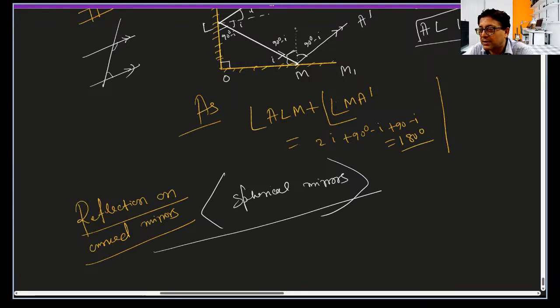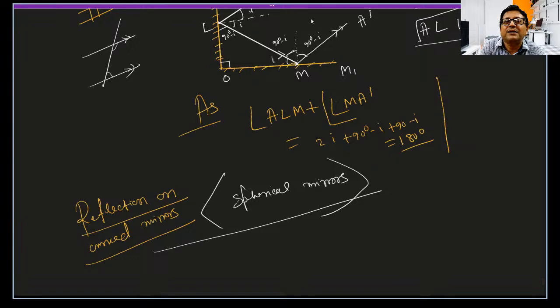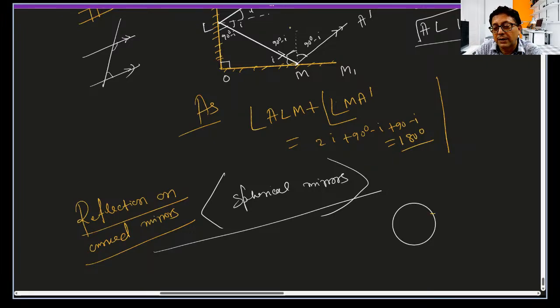What are spherical mirrors? A glass sphere made of glass is there. From there, you take a small part and silver it. I am taking this small part, silvering this side.